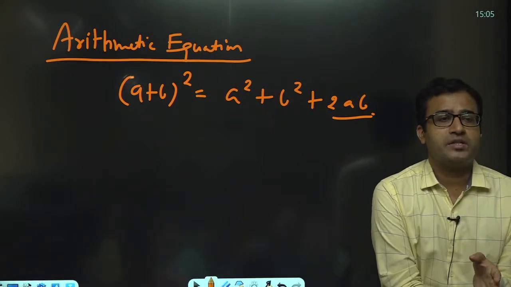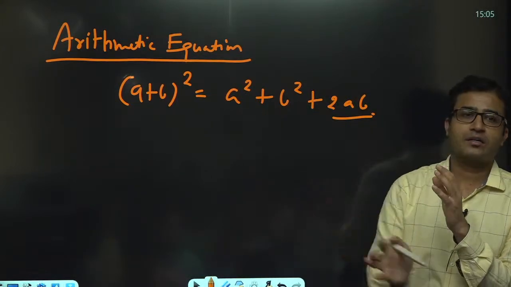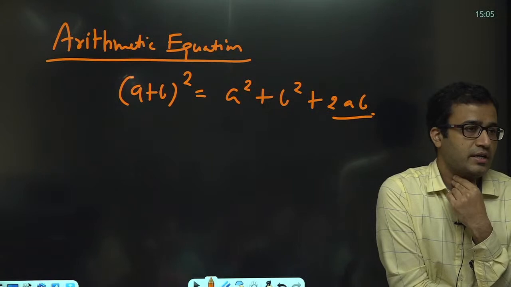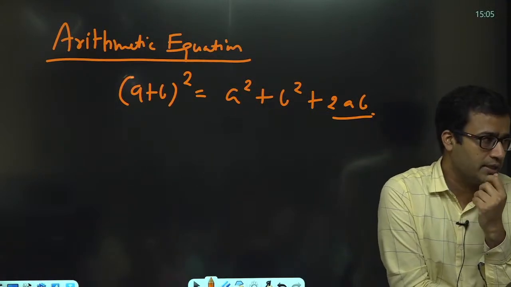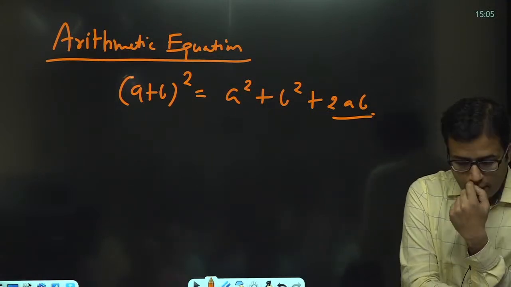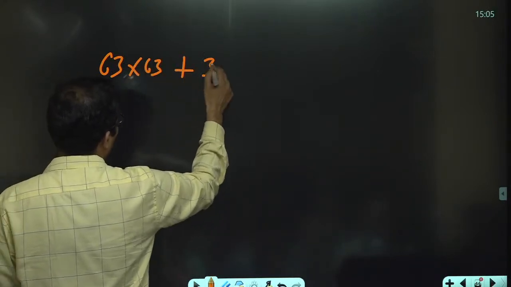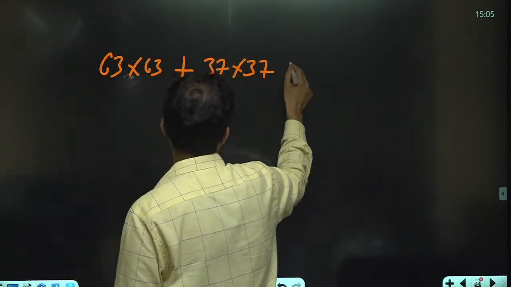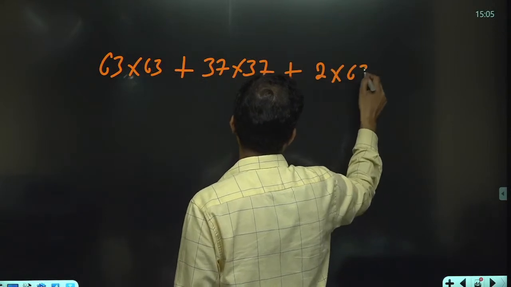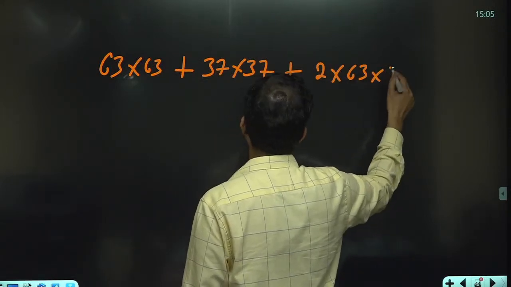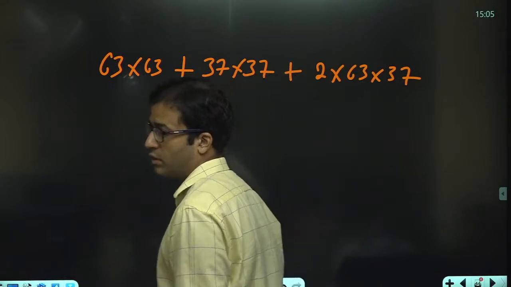But in UPSC, no one is going to ask a direct question like (a plus b) whole square बताने का. Indirectly it will be asked. How it will be asked? 63 into 63 plus 37 into 37 plus 2 into 63 into 37. Calculate.